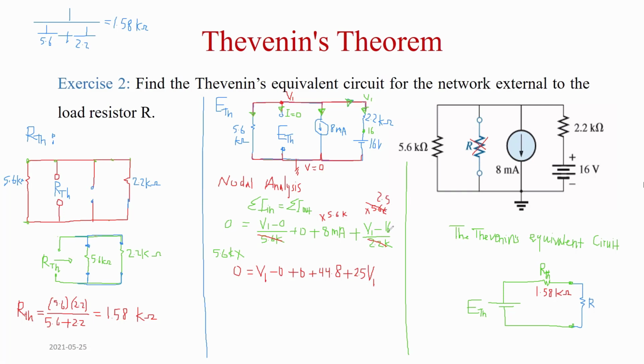Then 2.5 times 16, that is 40. So we're gonna try to do this. 0, V1 and 2.5 V1, so 3.5 V1.